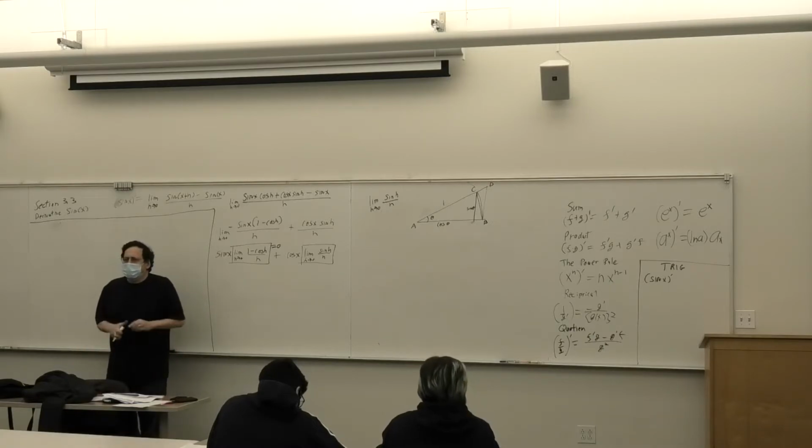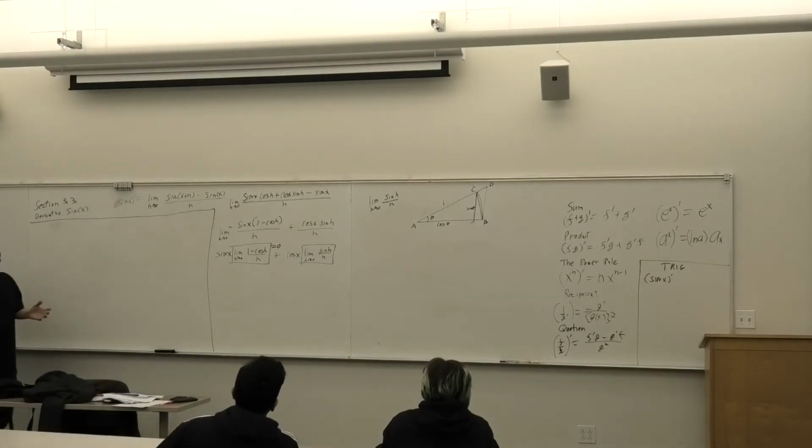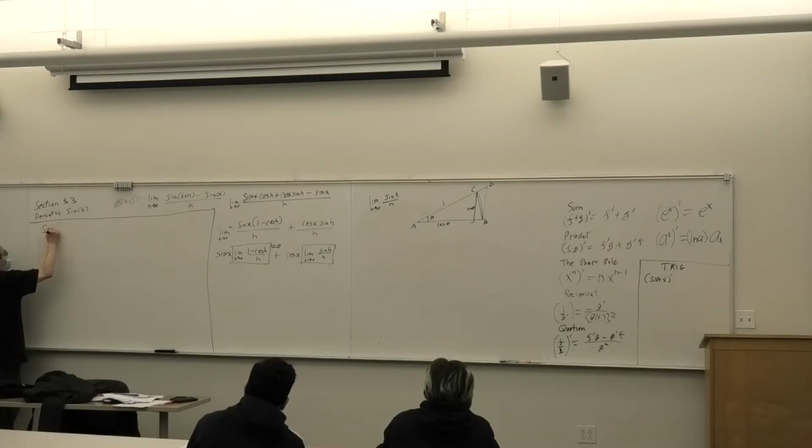I thought to kind of enhance this a little, I'd go over two seemingly unrelated facts. The first one is, at the very end of when we talked about limits, we mentioned something called the Squeeze Theorem.